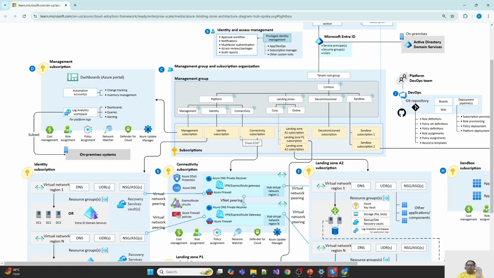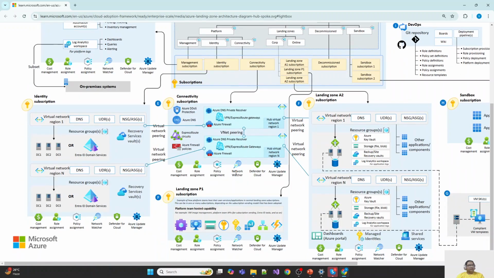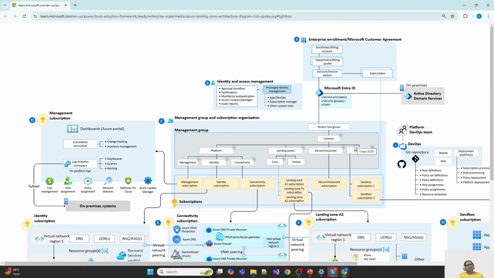It also shows how you organize and structure your Azure resources for scalability and security, and both the foundational infrastructure and application-specific requirements are effectively addressed in this conceptual architecture. So this is the architecture which we are going to revisit once we go through the design areas and design principles recommended by Microsoft.